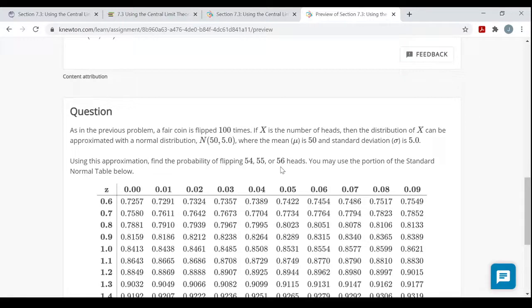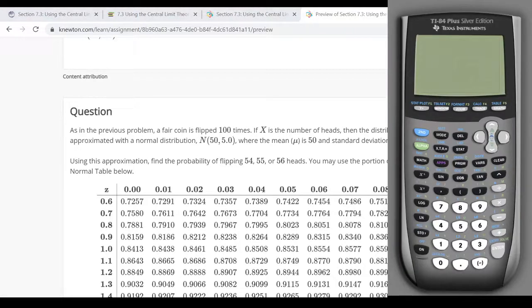56.5. Alright, so when I come up with the calculator here, and again, you can change the z-scores and use the table, but pull up the calculator, and I'm using the normal curve to approximate the binomial probability. If I want the 54, 55, and 56 bar, that's going from 53.5 for my lower value, to 56.5 for the upper value.